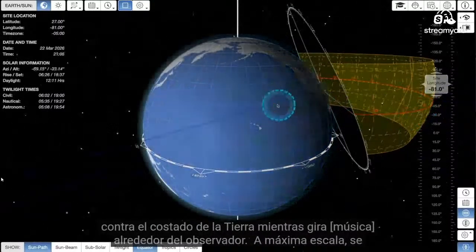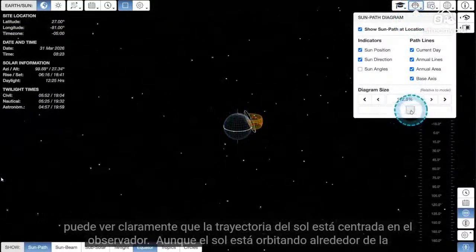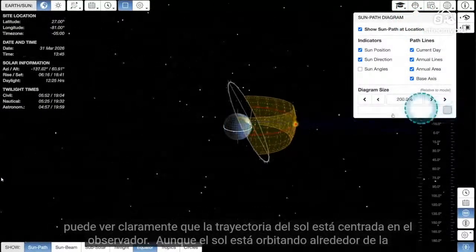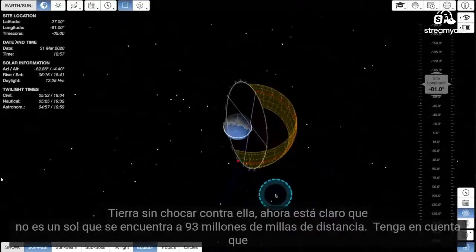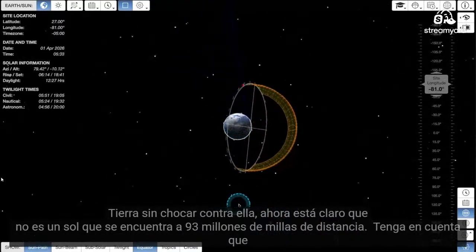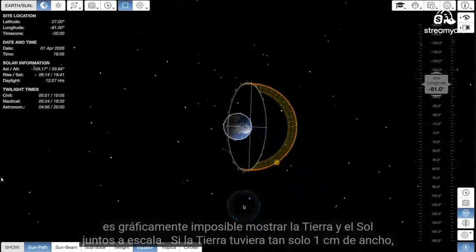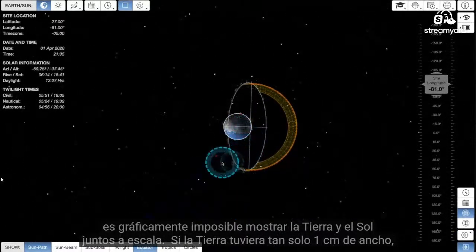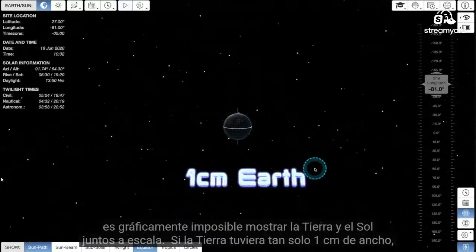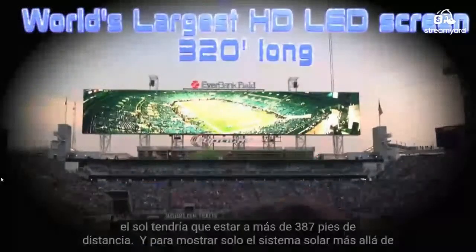At maximum scale, you can clearly see the sun's path is centered on the observer. Even though the sun is making it around Earth without crashing into it now, it is clearly not a sun 93 million miles away. Keep in mind, it is graphically impossible to show Earth and sun together to scale. If Earth were just 1 centimeter wide, the sun would need to be displayed over 387 feet away.